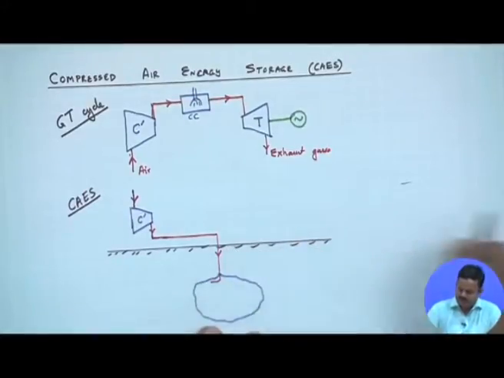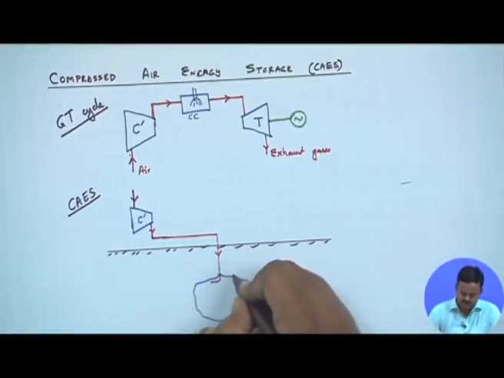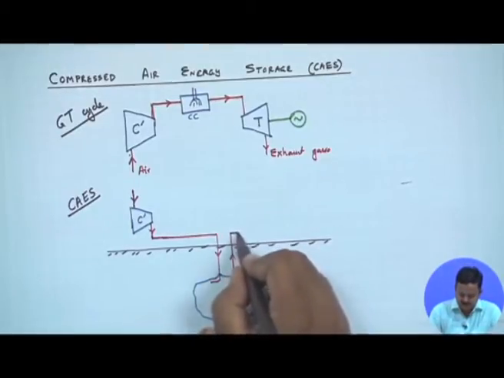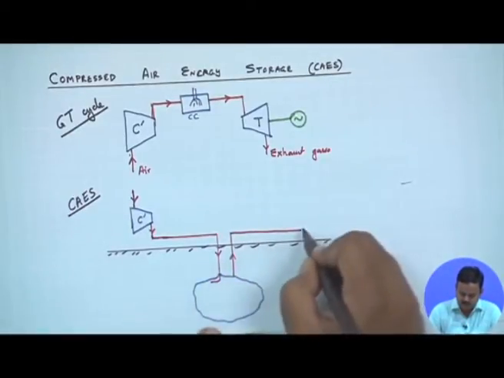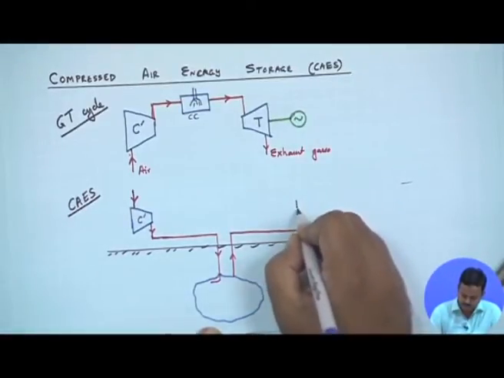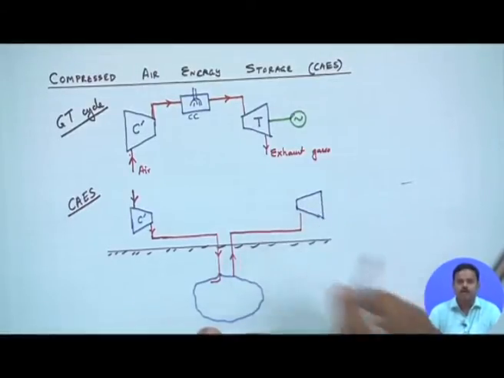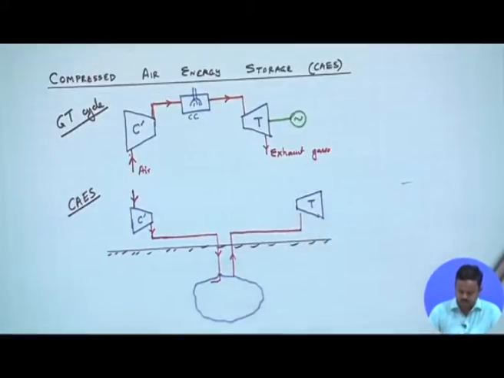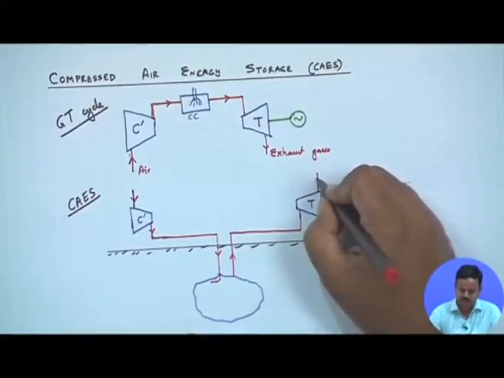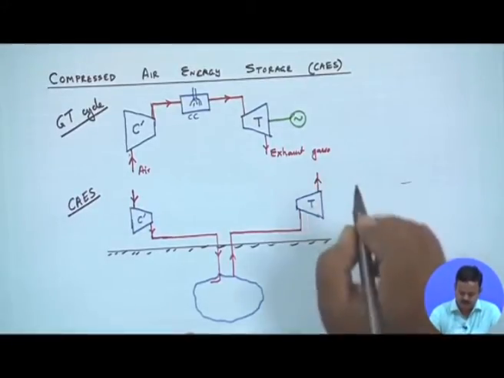Okay. Later on, ideally, this compressed air is going to be released, and when it is released, where will it go? It is going to go to a turbine, which will be rotated. It is a gas turbine, more specifically an air turbine, and we will use it to generate electricity.